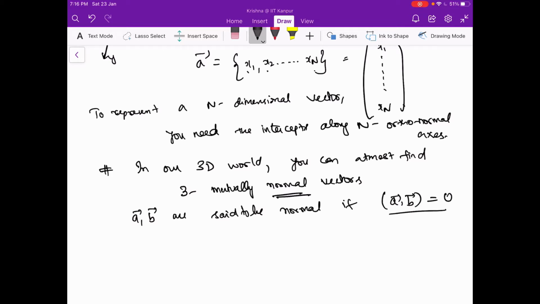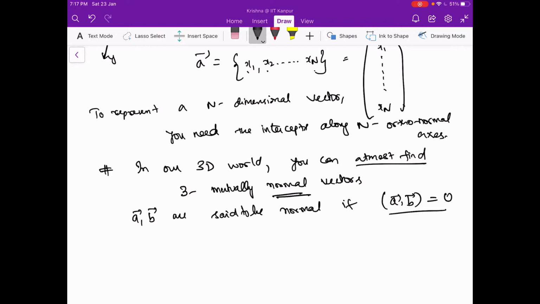And this is not only true for this 3-dimensional space, it is true for any n-dimensional space, because we have defined it as such. We can go back to our definition of inner product and you will see this is true. But in a normal 3D world, you can at most find only three mutually normal vectors, and any fourth vector that you consider in this 3D space will be along the lines of any one of them.